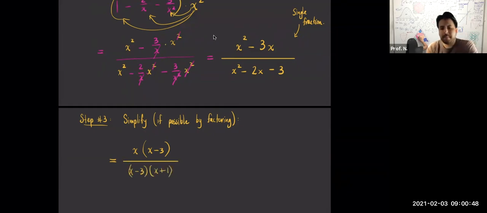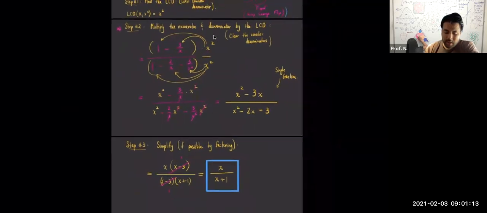You guys see that? So I factor the numerator, factor the denominator. And then I realize I have an x minus 3 in both the numerator and denominator, so I can cancel those out. What I'm left with is x divided by x plus 1. And so this is my final answer here.